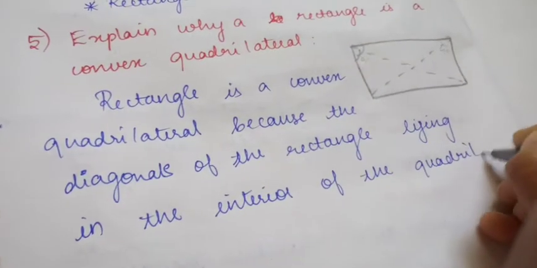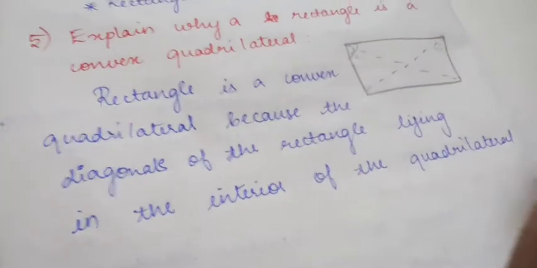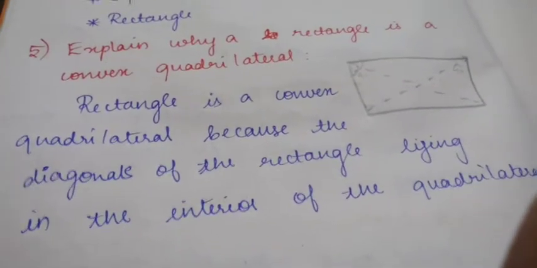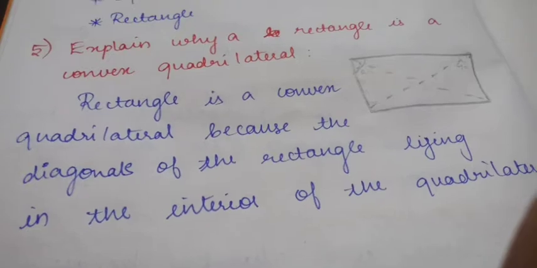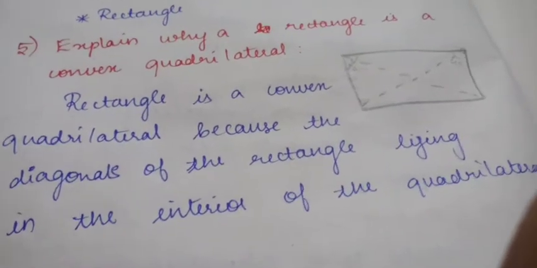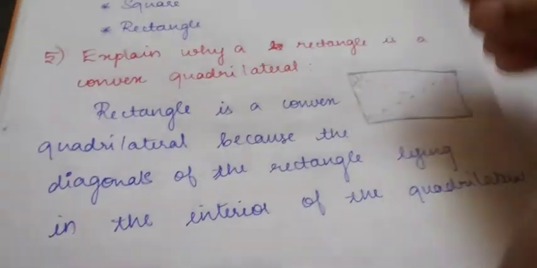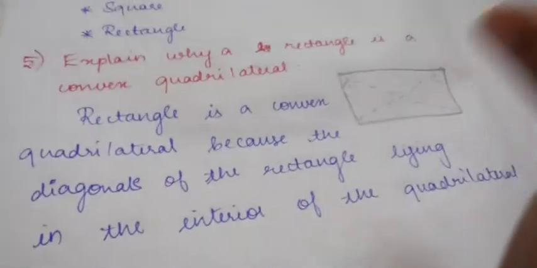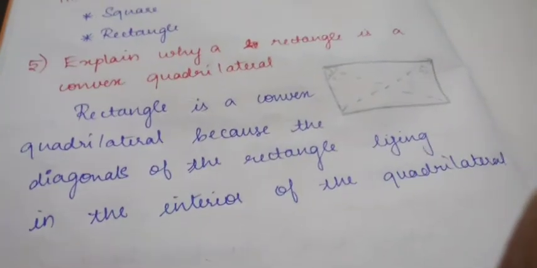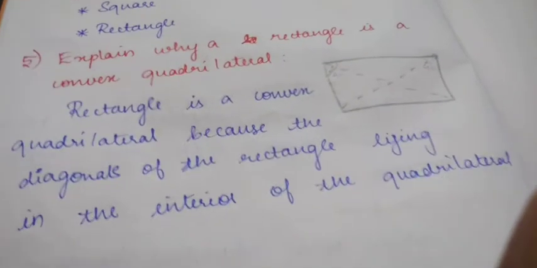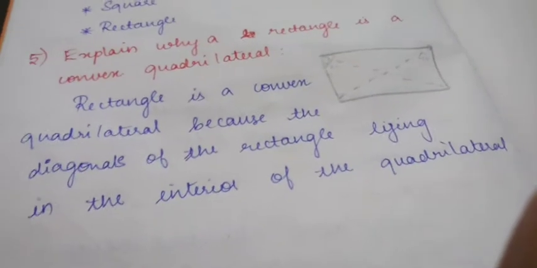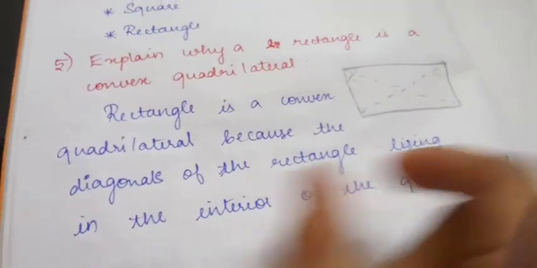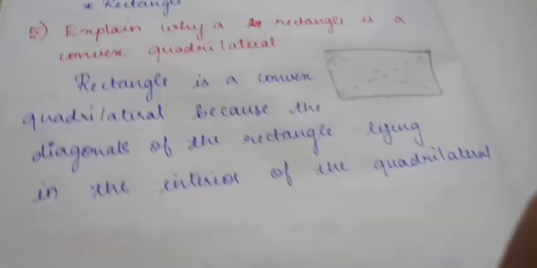Okay, they are lying inside the quadrilateral, so we cannot say that it is concave. A rectangle will always be a convex quadrilateral because our diagonals are lying inside it. So the interior angles will be 90 degrees only. It will not be more than 90 degrees. So it is a convex quadrilateral because the diagonals of the rectangle lie in the interior of the quadrilateral.